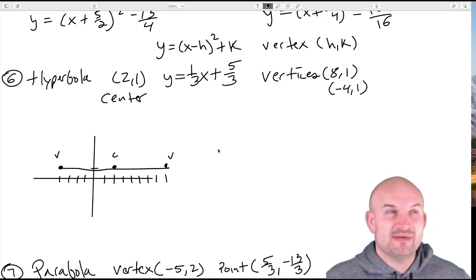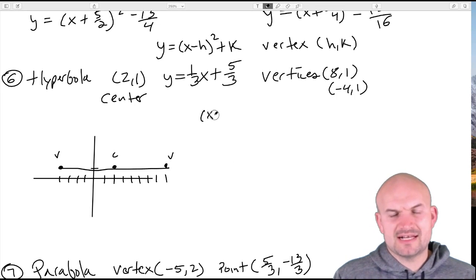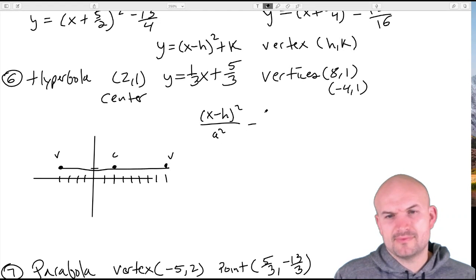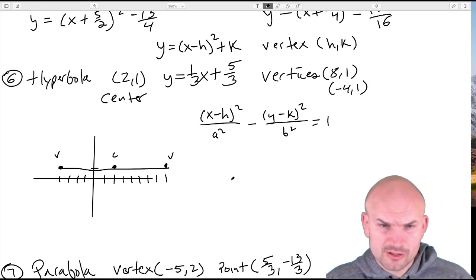Horizontal transverse axis means a squared should be under the x. So I should have x minus h quantity squared over a squared minus y minus k quantity squared over b squared equals 1. Please let me know if I have that incorrect.